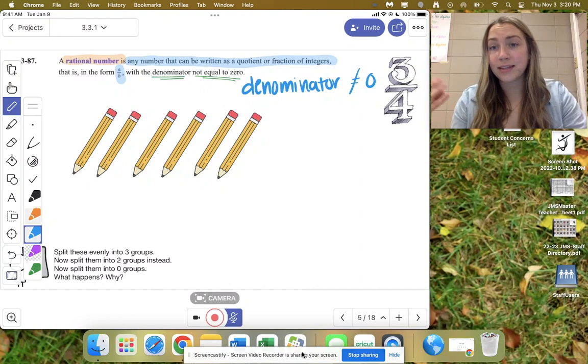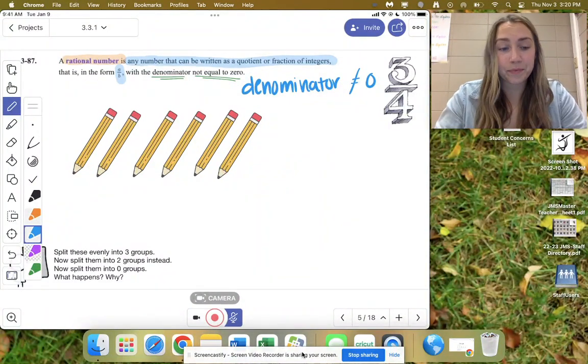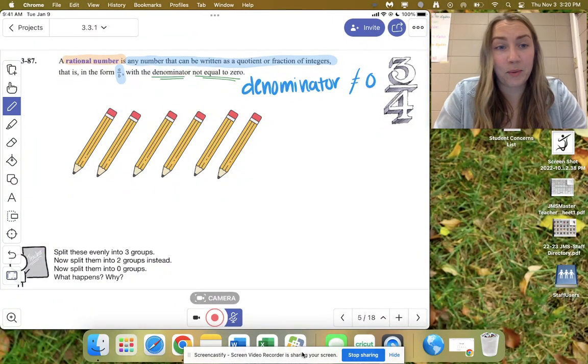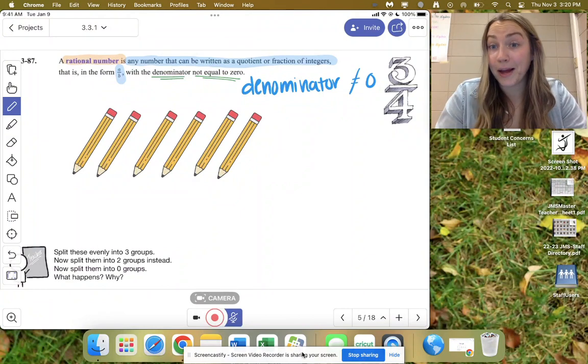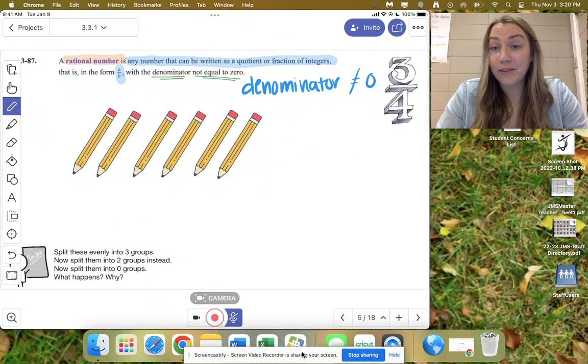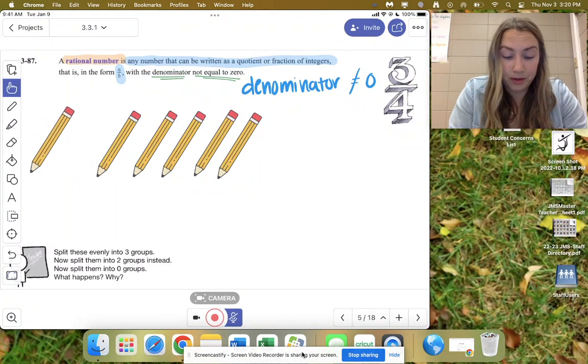We think about putting things into groups. So if I had 10 things and I divide them by 2, that'd be 10 things put into 2 groups. If I did 10 divided by 0, I have 0 groups. I can't split them up, so I cannot divide by 0. Okay, so we look at this question though, and we have a bunch of pencils. We have 1, 2, 3, 4, 5, 6 pencils. Now, it's asking us to first split these evenly into 3 groups. Here's a group, here's a group.